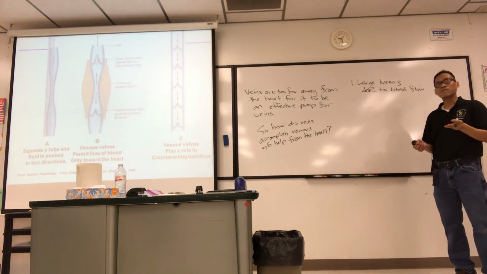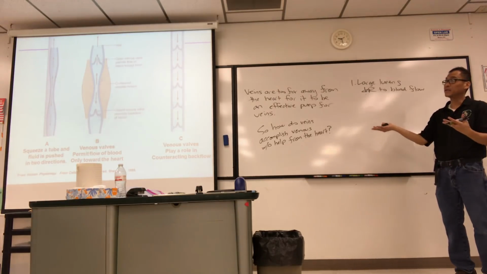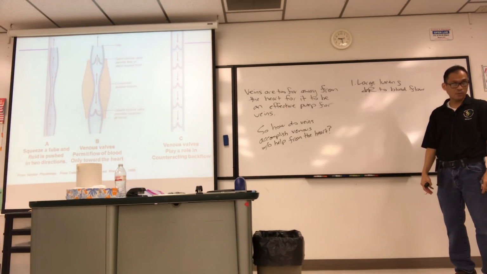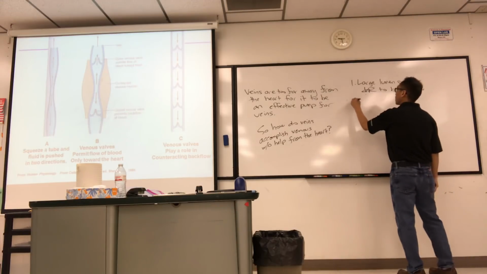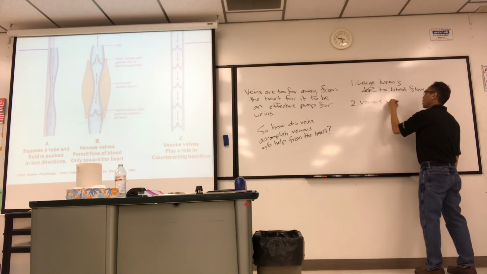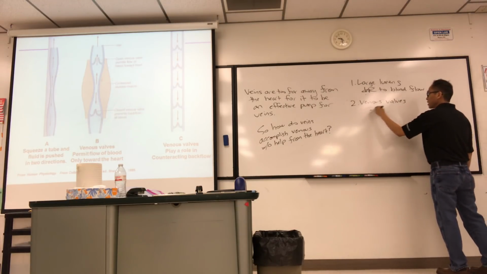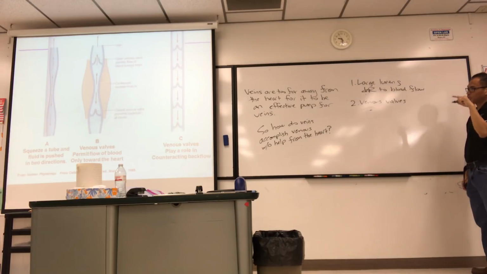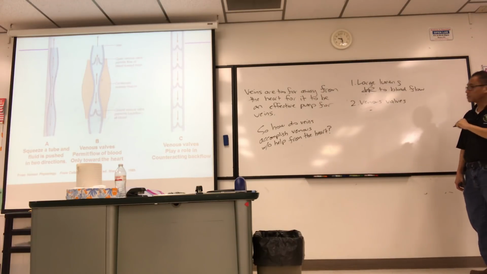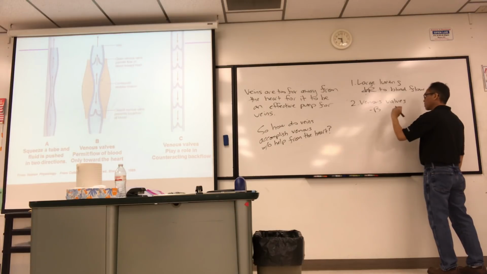Arteries only have that one valve at the very beginning, the aortic valve. After that, they don't need it. But veins need valves throughout their length. Because at the very least, when the valves close, they'll prevent backwards flow of blood, as shown in the picture on the right.